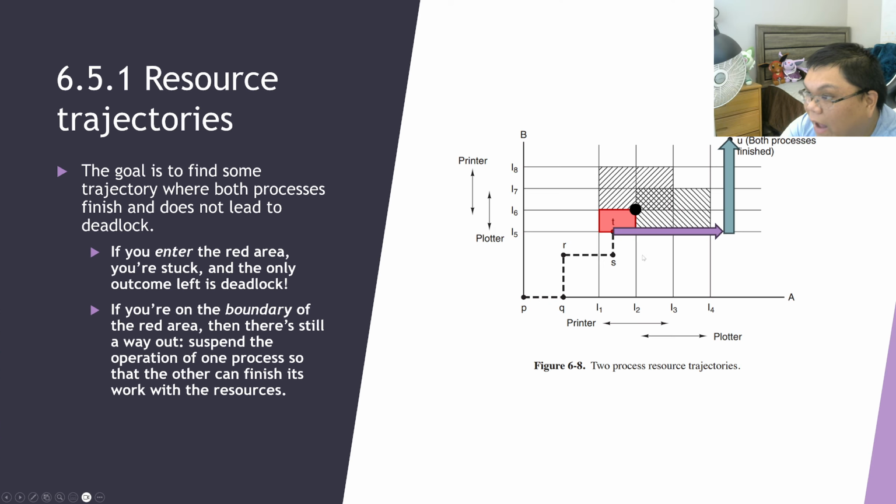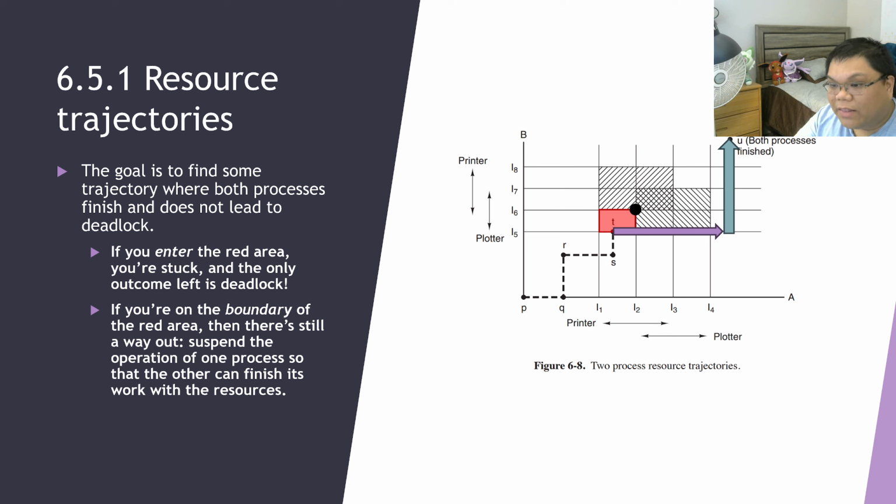If you are on the boundary of this red area, then in this example, we cannot move up because we would be entering the area in which we would end up getting deadlock. Our only move is to move right.